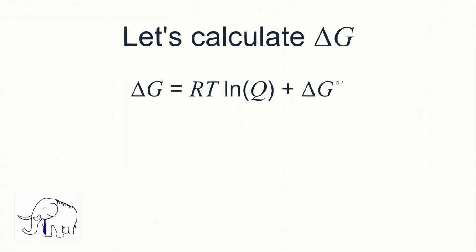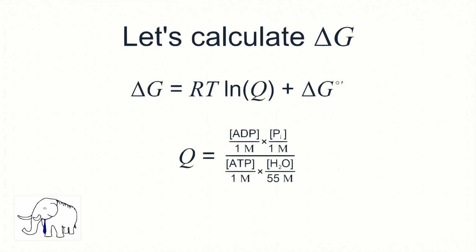Now we can use our old friend this equation, delta G equals delta G0 prime plus RT natural log of Q, where Q is the reaction quotient, the ratio of the relative concentration of ADP times the relative concentration of phosphate ions divided by the relative concentration of adenosine triphosphate.